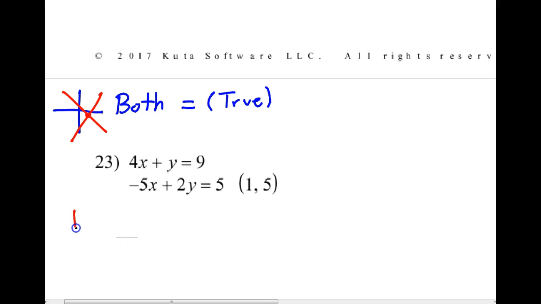So (1, 5). 4 times 1. Now, if this is the part where you're like, oh, this is taking forever, that means you haven't really checked a lot of answers in the past. Let go of the feeling that you're having right now and use more rational thought. It doesn't matter if it feels like it's long. Forget that. Quit thinking about how I feel about it and how long I think it takes and how hard it is.